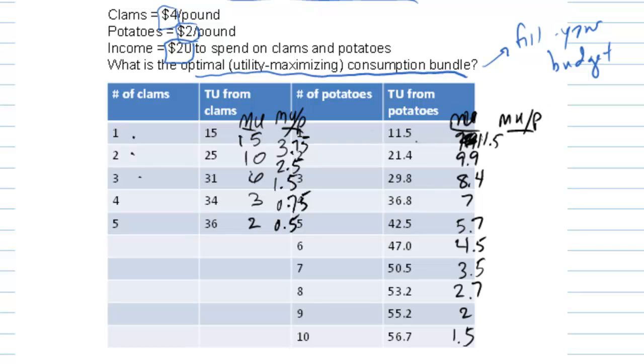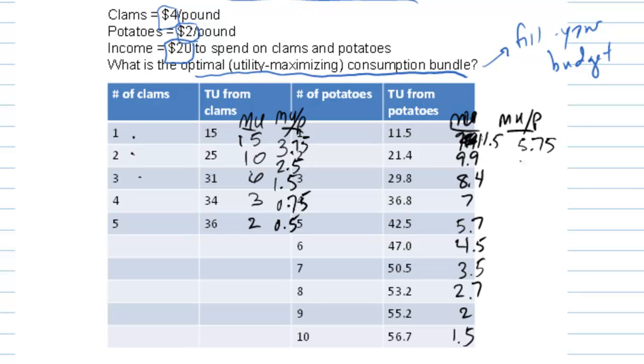And for potatoes, our marginal utilities per dollar, we've got 11.5. Now the price of potatoes is just $2 a pound, so just divide each of these by 2. We get 5.75.